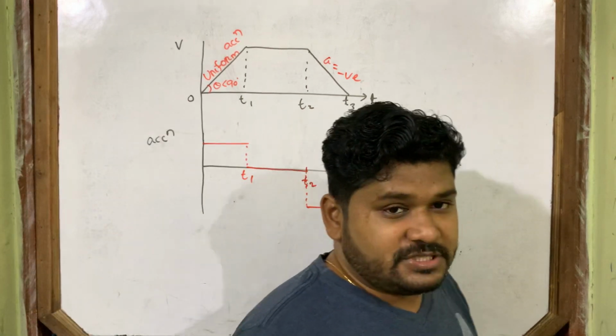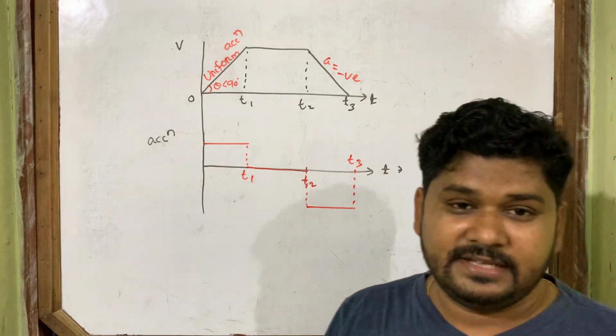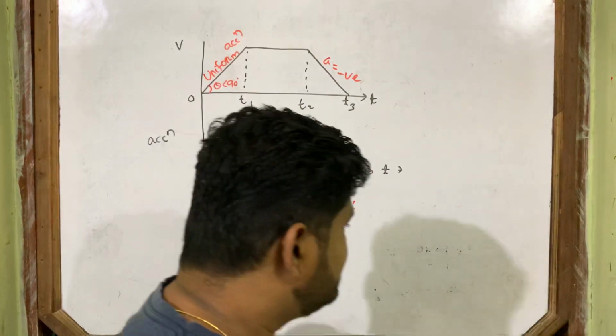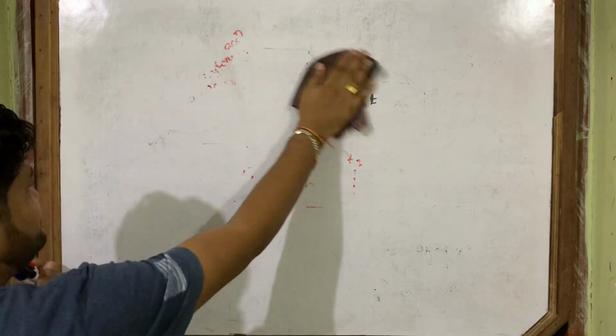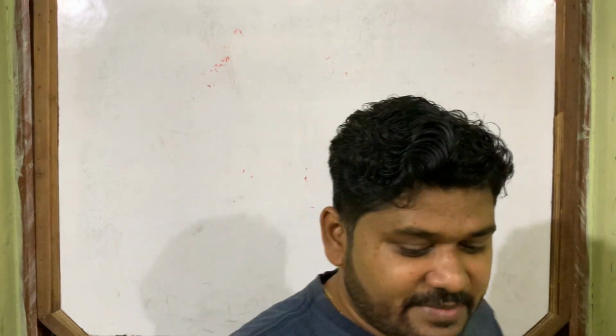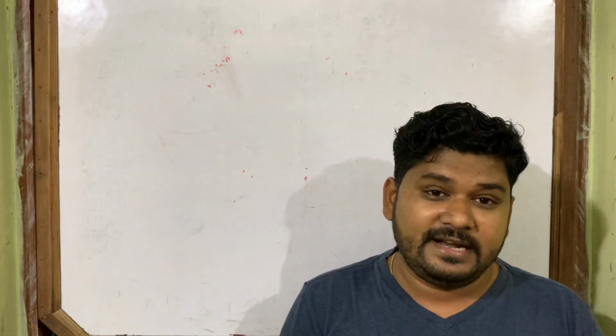Graph to graph question: you have to see and draw like that. This is called a graph to graph question. So today we discussed velocity time and acceleration time graphs and also many related questions. Thank you.